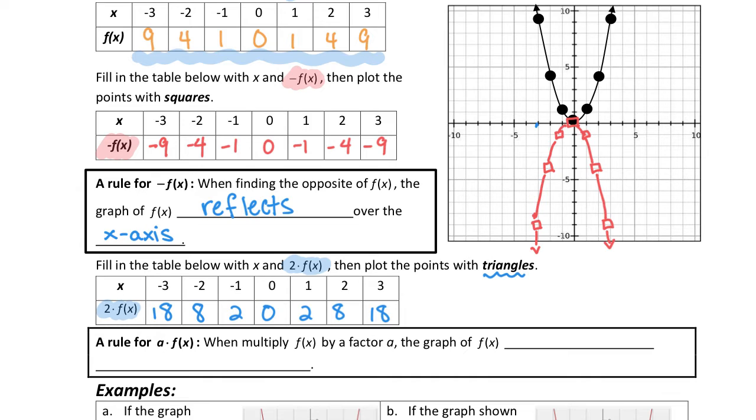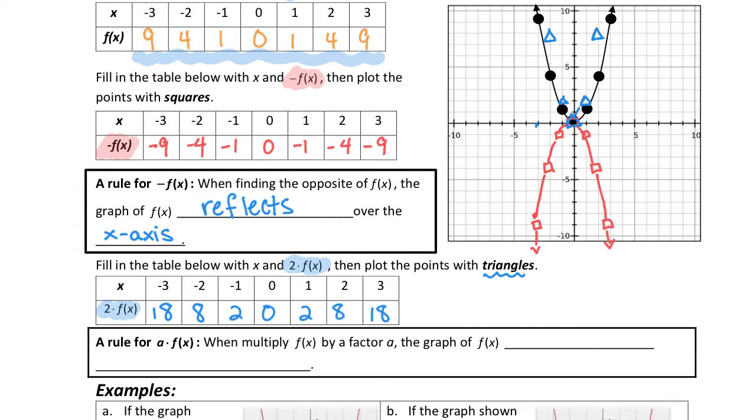At -2, I'm going to put a triangle at +8, so right here. And then at -1, I've got a triangle at +2. I still have a triangle at 0, 0. At +1, I go to +2, and at +2, I'm going to go up to 8. And then once again, I can't do that 18 at my x value of 3.